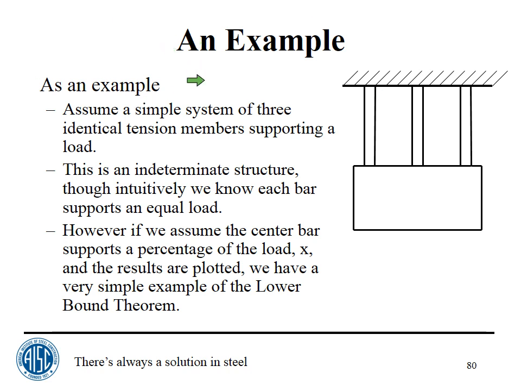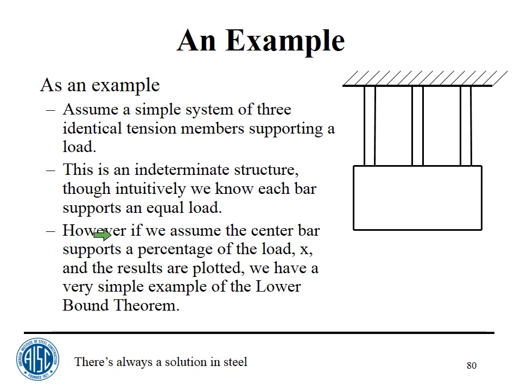This kind of shows the corollary: no matter what you pick, you'll come up with a conservative solution, and when you pick the right solution, you get the peak. Suppose we have a system of 3 identical tension members supporting a load, shown here. This is indeterminate to the first degree, although intuitively we know each bar supports an equal load.